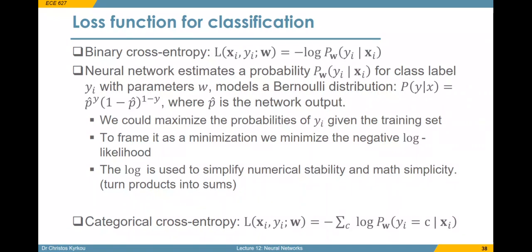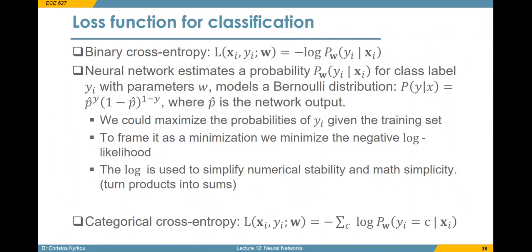So the cross entropy loss is mostly used for classification, and it basically comes out of the assumption that our network models a Bernoulli distribution. So we have the probability of belonging to one of the two classes modeled as a Bernoulli distribution. One approach would be to maximize this probability. But since we want to solve this as a minimization problem, we add the negative sign in front of this.